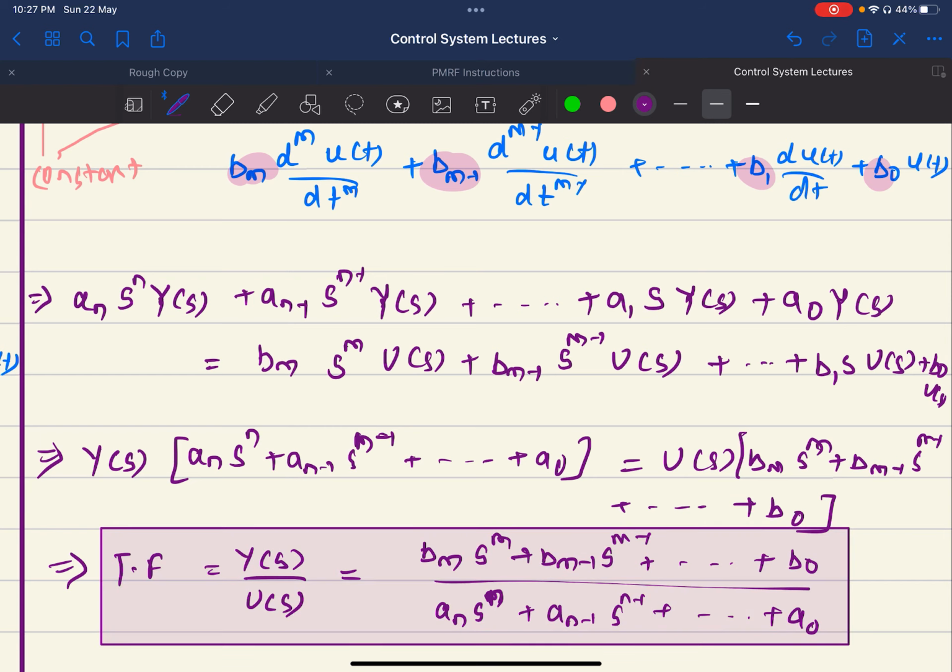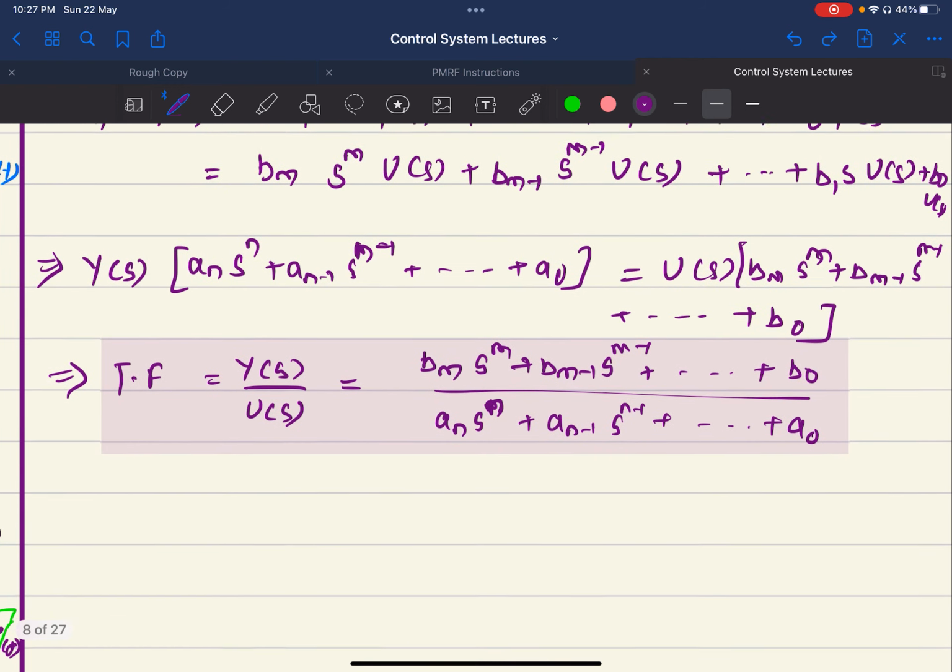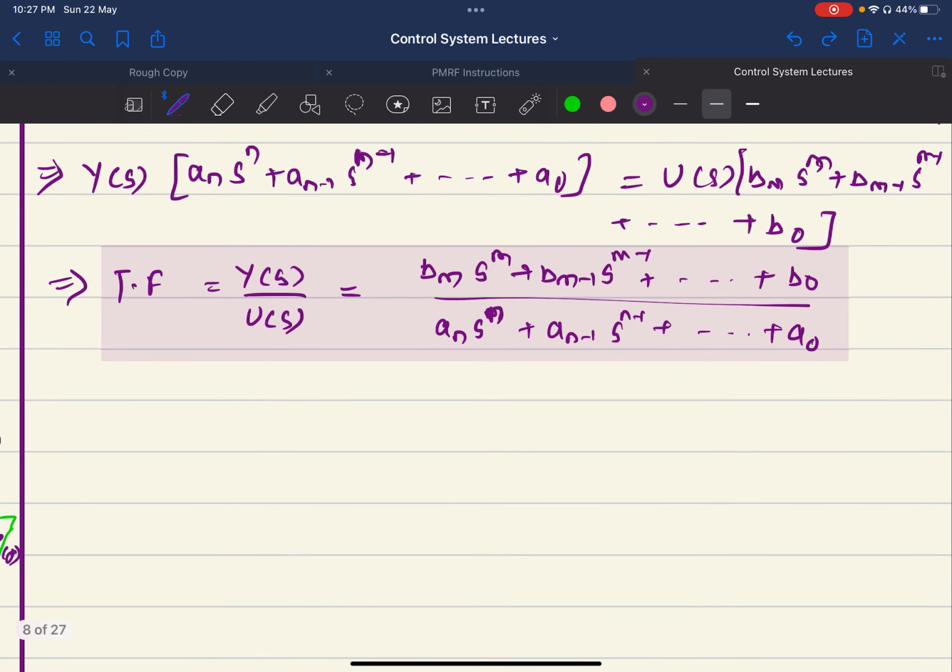Okay, this is very important. You don't need to remember all this because, as you know the concepts right now, you can derive it easily. And one term, in general, not a hard and fast rule: n greater than or equal to m is called a proper transfer function.